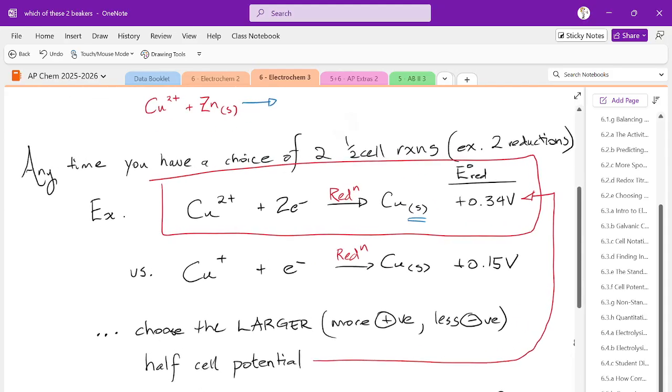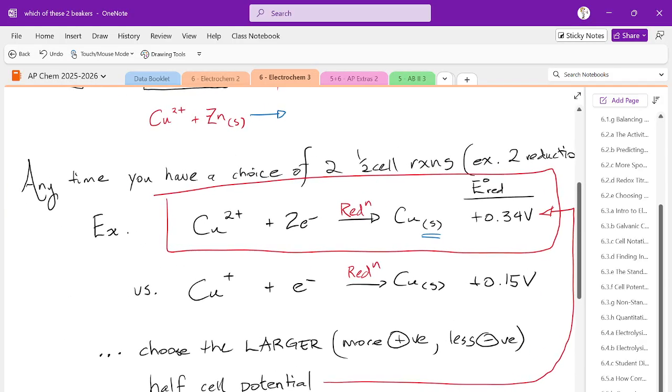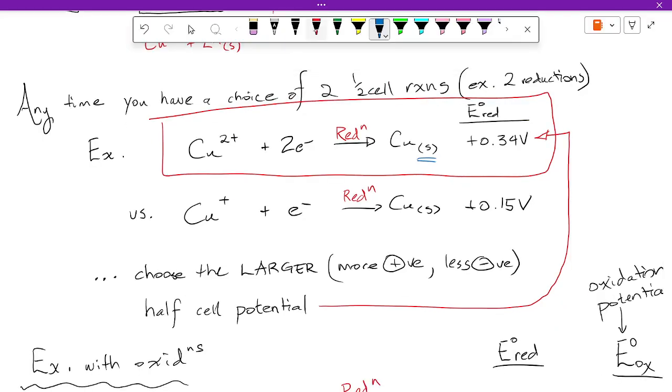Back where we said anytime you have a choice of 2 half reactions, this here should have been copper 2 plus an electron gives copper plus. It is 0.15 volts. I just wrote the wrong reaction, the wrong half reaction.